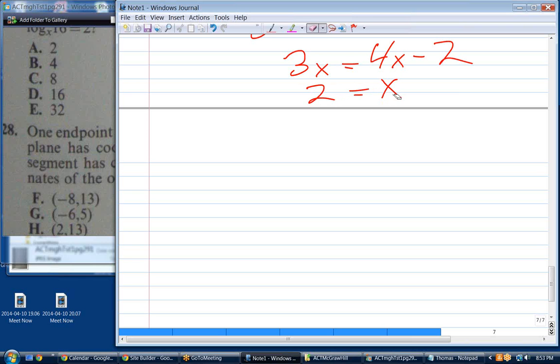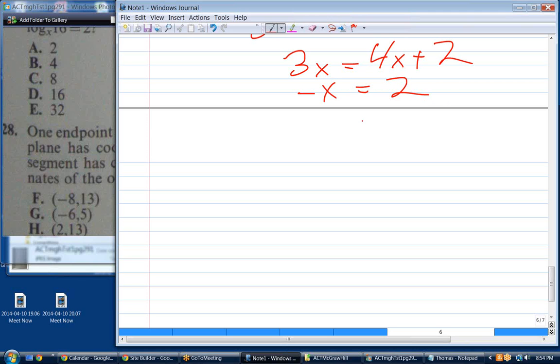If you can't avoid negative numbers, then it doesn't matter. If I made this a plus 2, then I've got negative numbers one way or the other. It's still a little quicker moving the x's to the right. I can still do it in one step. Whereas if you move the x's to the left side, you get minus x equals 2.